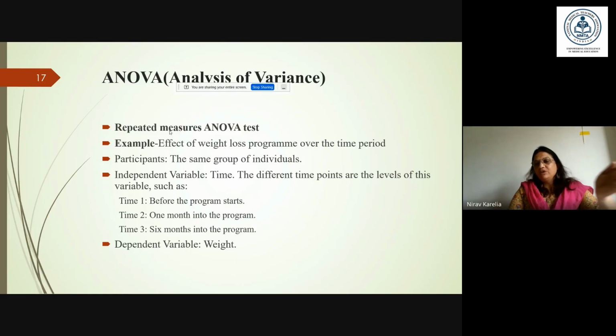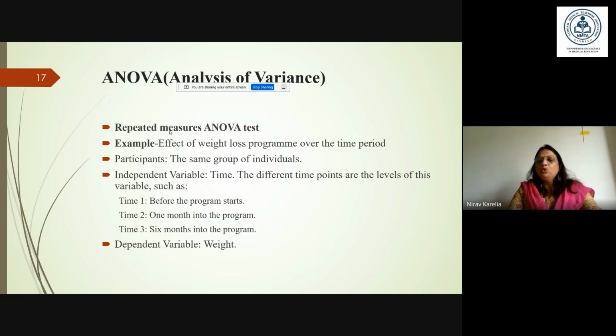Okay. Then after some time, the same person, what is the weight at the end of 1 month? What is the weight at 6 months? Okay. Now I want to simultaneously analyze the data of baseline, 1 month and 6 months. Then I have to go for repeated measure ANOVA.